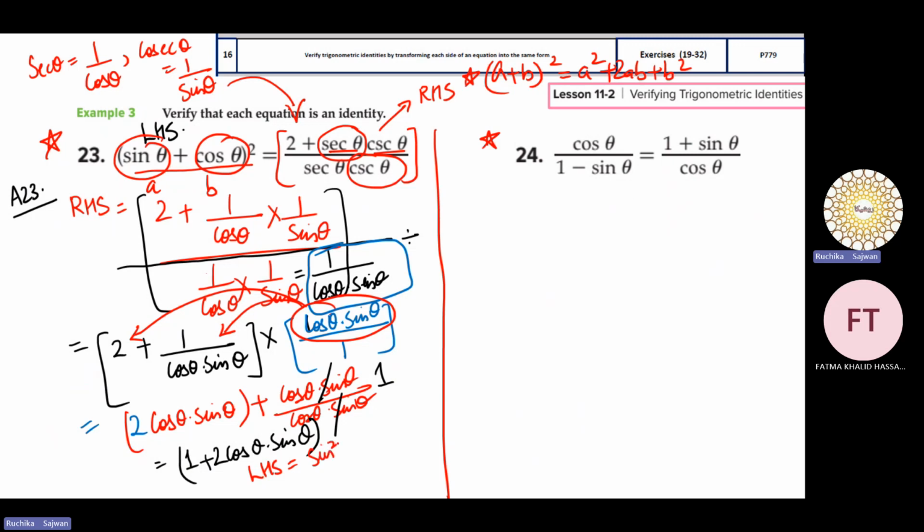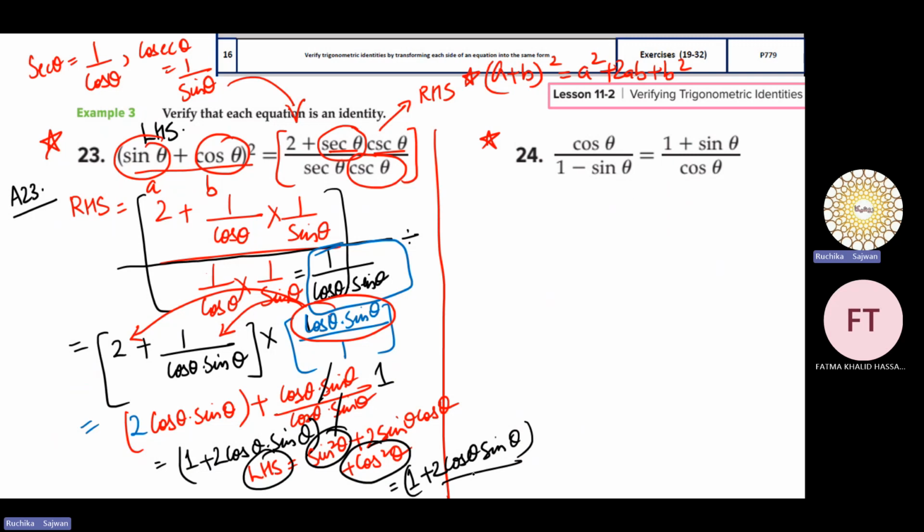So I get sine square theta plus 2 sine theta cos theta middle term and cos square theta. Now you are almost near to the answer because you know sine square theta plus cos square theta, Pythagorean, will be how much? 1. Very good. So 1 plus 2 cos theta sine theta. Now compare.